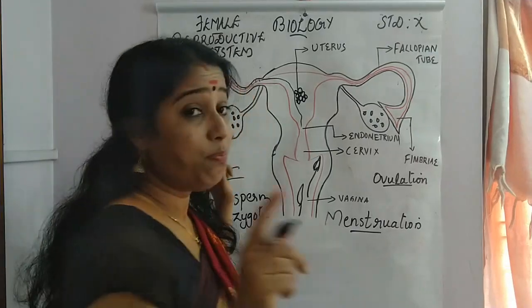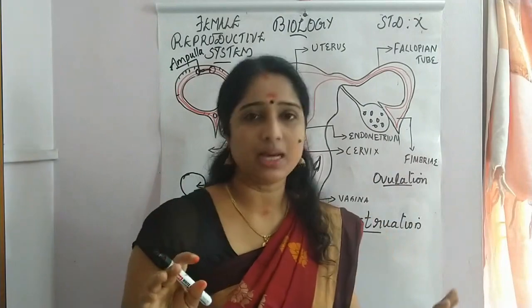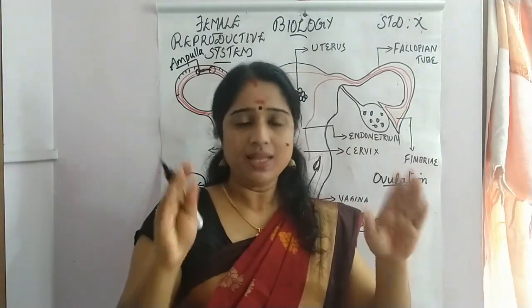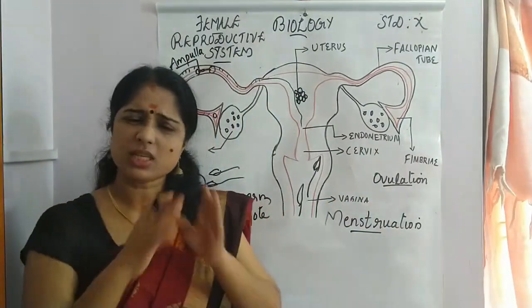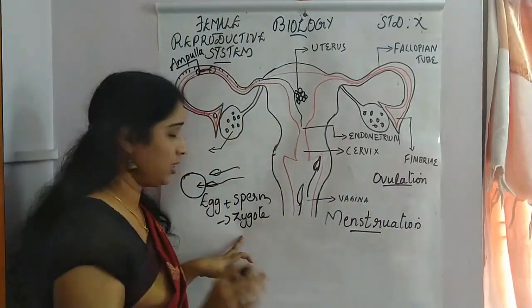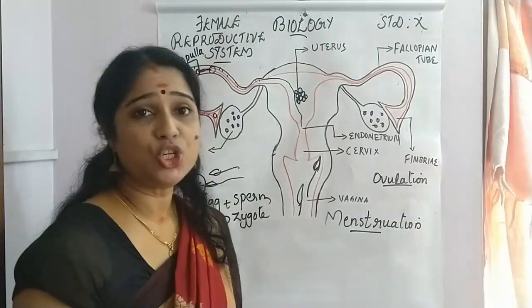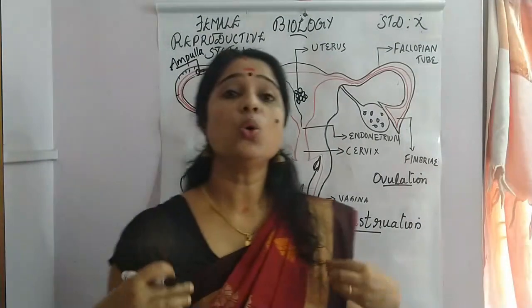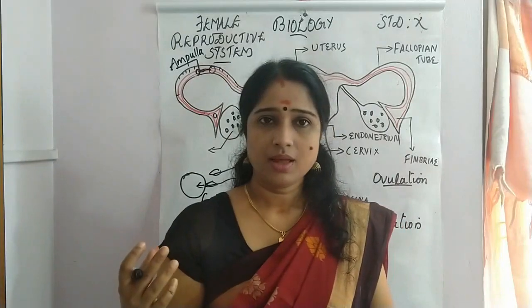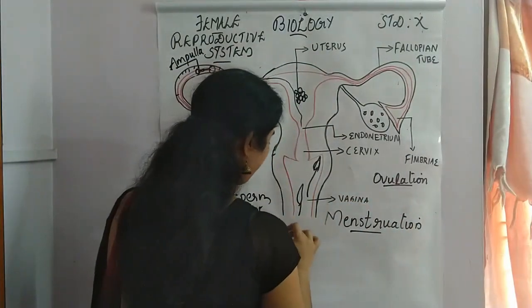Meanwhile, while the zygote moves, it divides so many times. First one division, then again it divides, continuously it divides. After fertilization, the product is known as the zygote. As it passes through the fallopian tube, it divides so many times and it is known as the embryo.